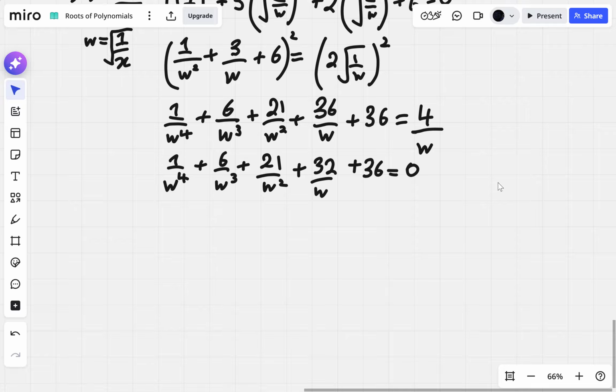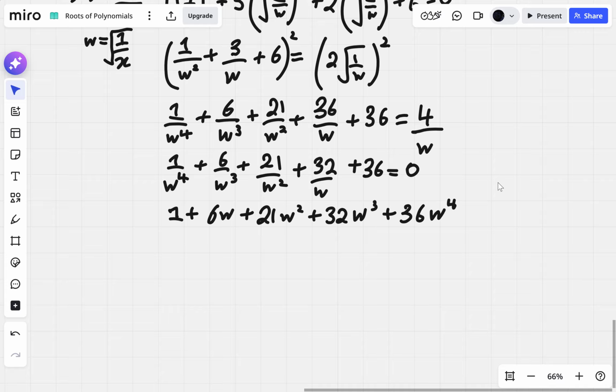Let me just quickly do that. So this would just become 1 plus 6w plus 21w squared plus 32w cubed, then plus 36w to the power 4, which is equal to 0. So this is our equation, which we found for part 1.